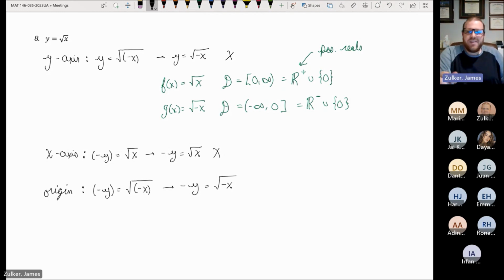Is that the same as y equals square root of x? If I divide by negative 1, we get y equals negative root negative x.